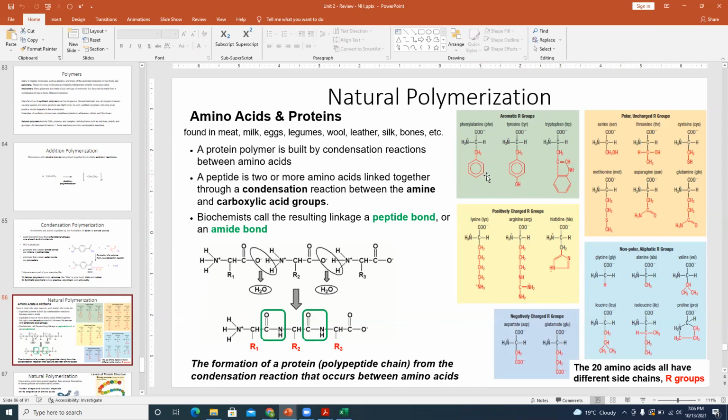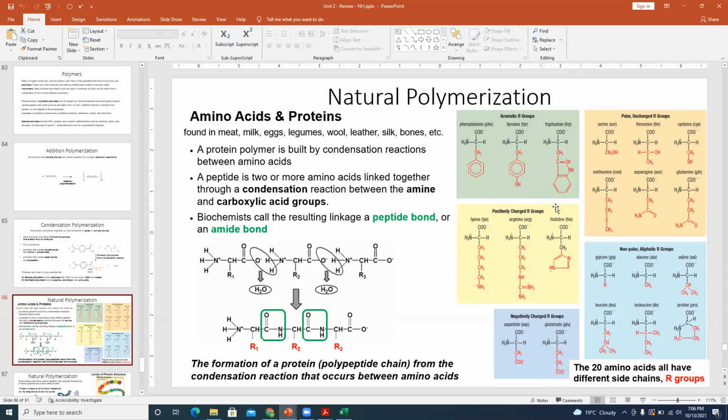They have aromatic R groups. And by aromatic R groups, I mean they have that benzene group, that phenyl group here. So for example, this one is called a phenylalanine. This one's a tyrosine. This one's a tryptophan.